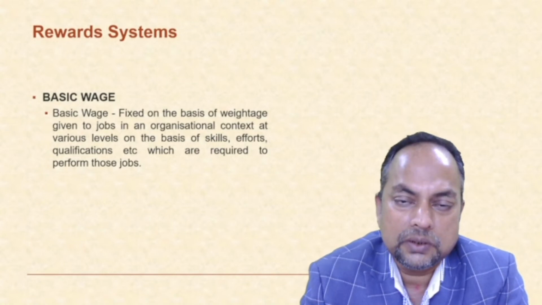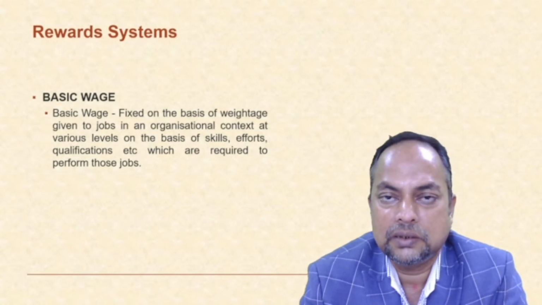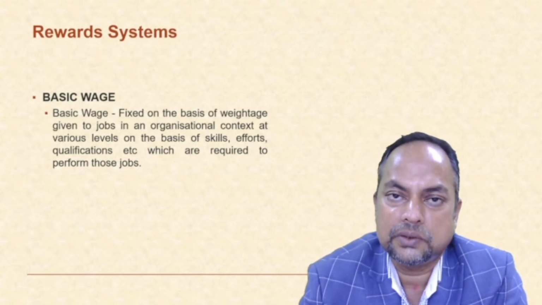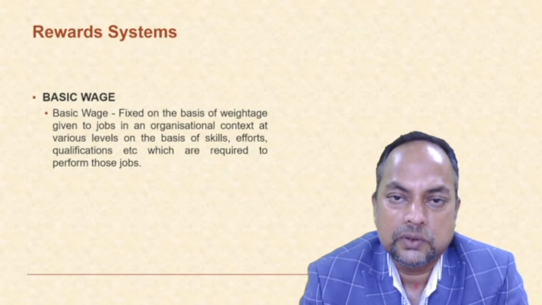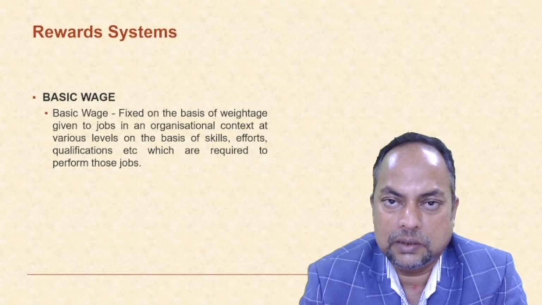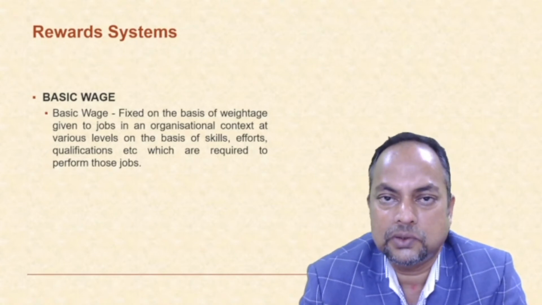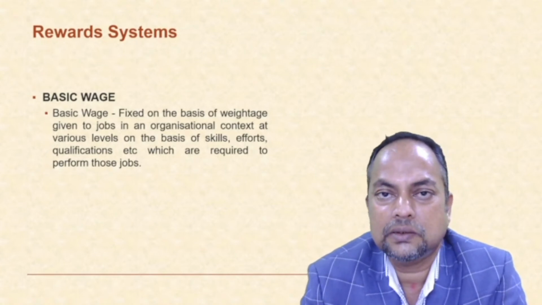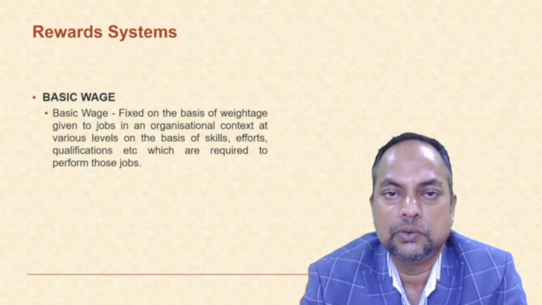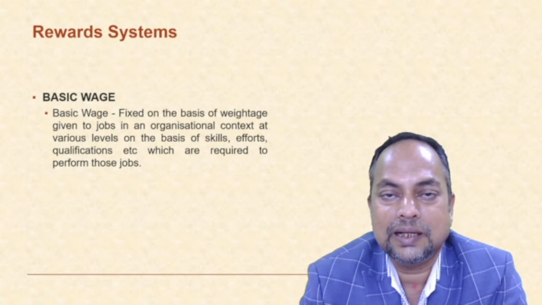On the basis of skills, effort, knowledge, and hazards involved, the occupational hazards, all of those things are taken into consideration to define the weightage of that job in the organizational hierarchy, what we call the ranking of the job, and on that basis, assigning a certain monetary worth, we define a particular amount associated with that job.